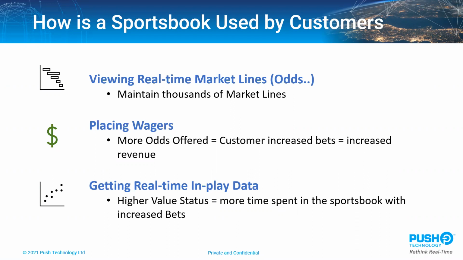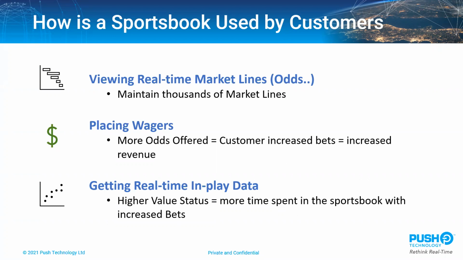And I am looking to place wagers. And as the sportsbook improves its reliability in terms of the services that they offer, and the performance and speed, they can offer more market lines. They can offer more markets and events, where now as a customer, I could potentially select more and increase the amount of wagers that I place.